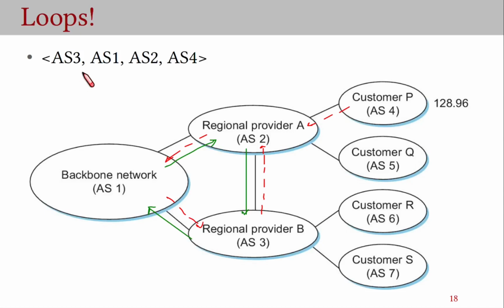BGP prevents this loop by enumerating the full path in its announcements. And so in this case of this prefix 128.96, it's going to propagate AS4, AS2, AS1, and AS3.